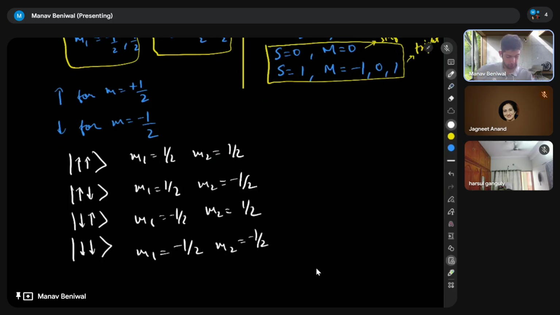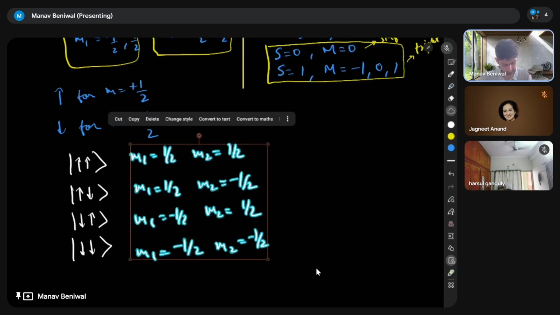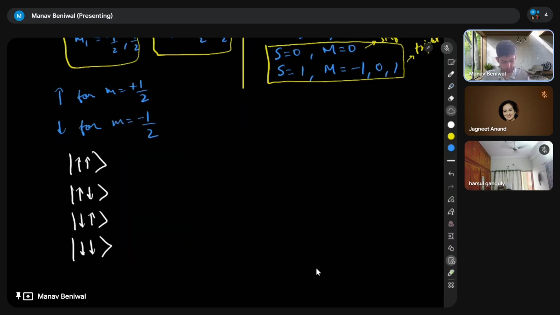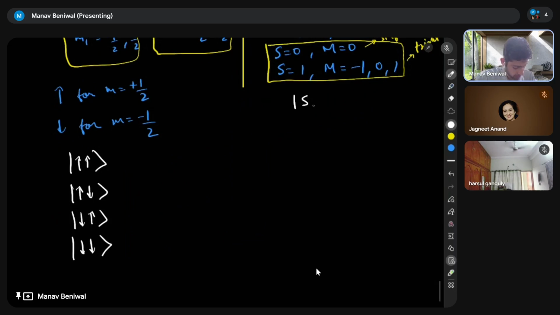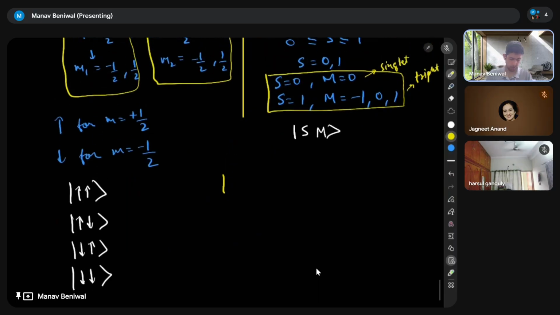For our coupled state, we will follow this notation, S comma m. So for the coupled state, we'll have these 4 possible states.